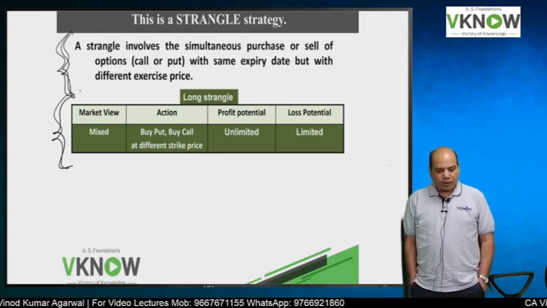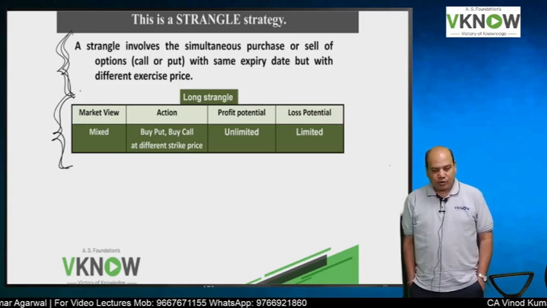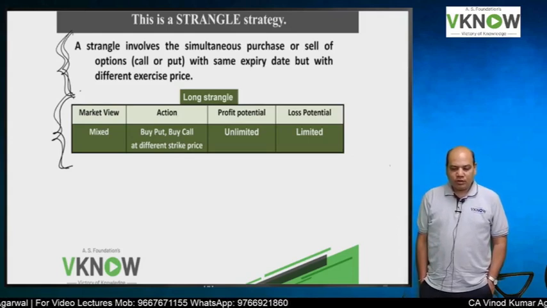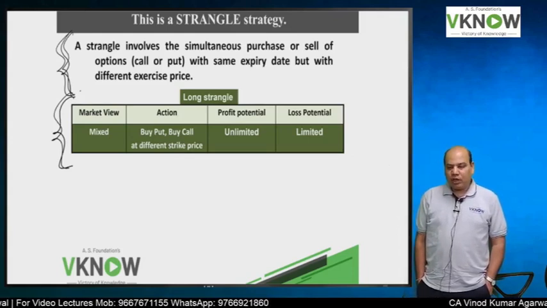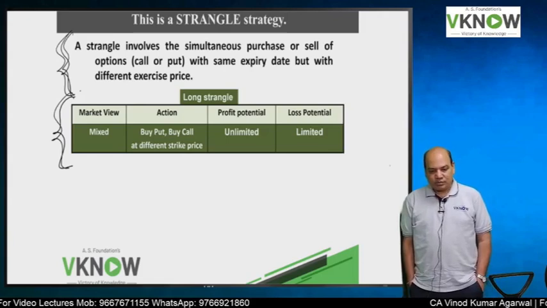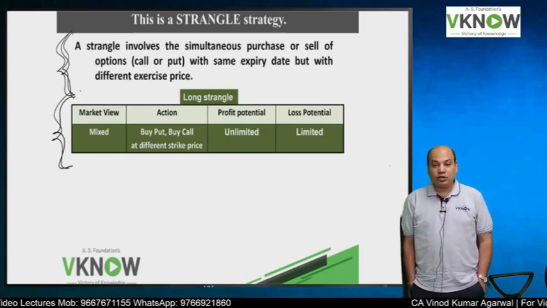This is an example of long strangle. Okay, long strangle, write down. Why would somebody buy a call and buy a put at the same time? Because market view is mixed.